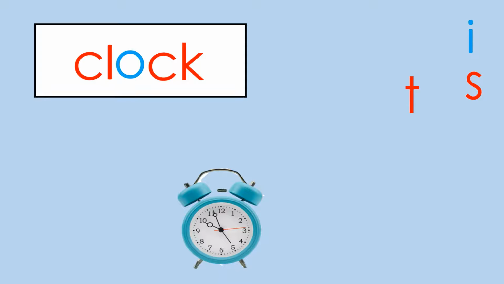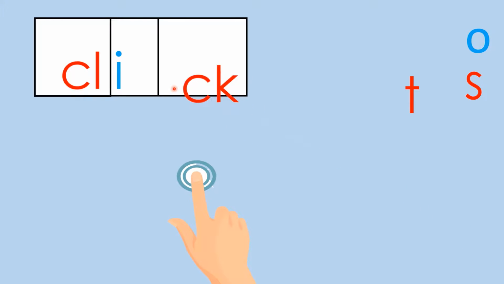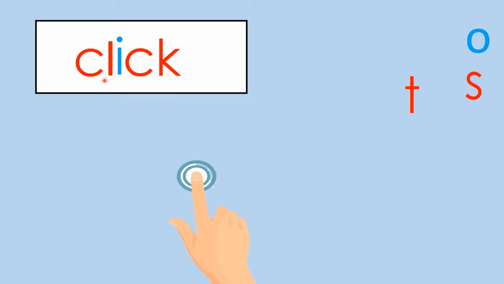Clock. Now let's build the word click. K, k, a, k, a, k. Click.